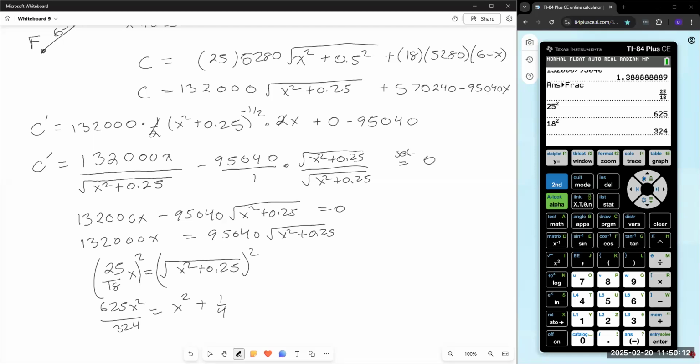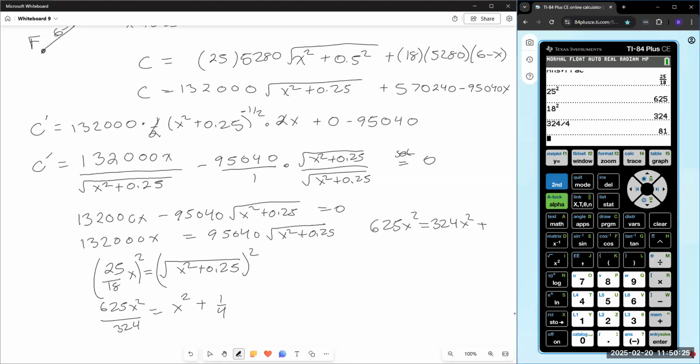So 625x squared is equal to 324x squared plus 324 divided by 4 is 81. 625 minus 324 is 301.